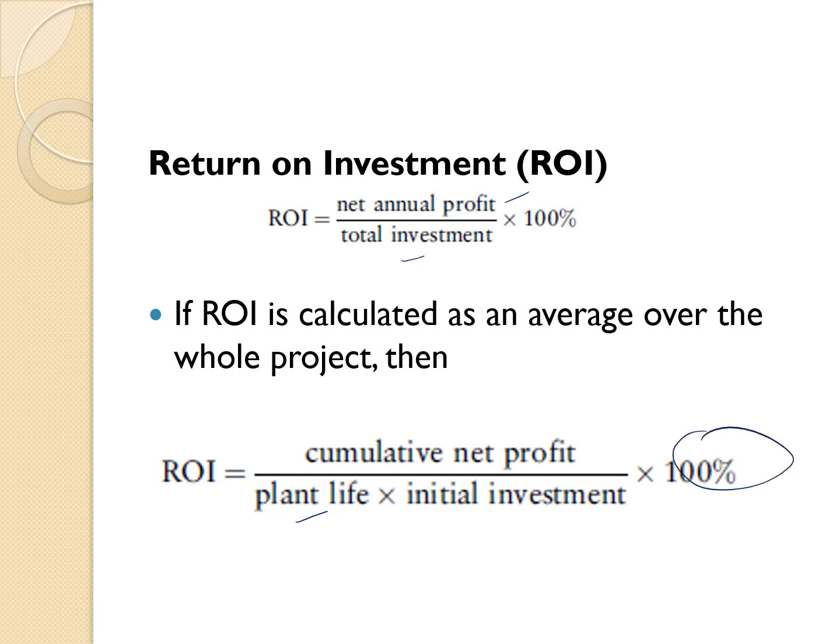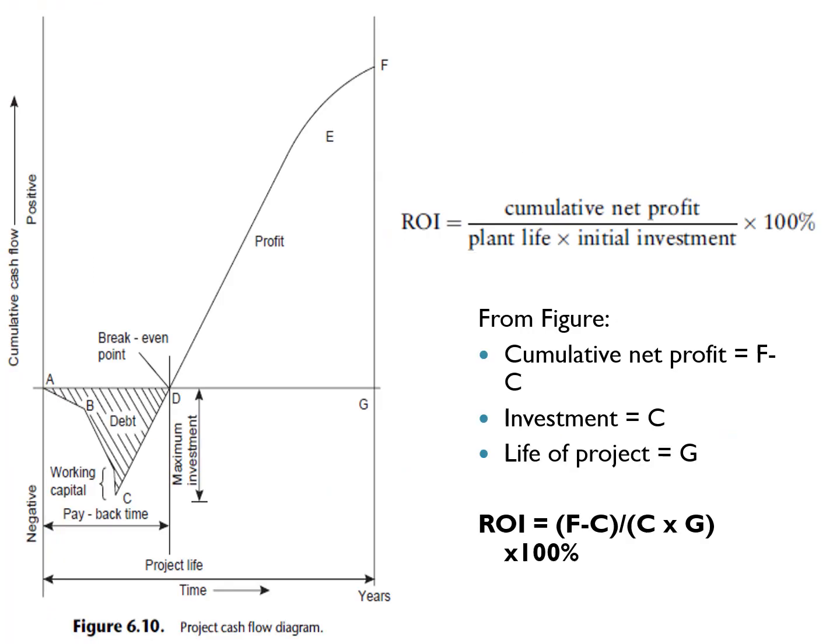Okay, this ROI can also be calculated based on the figure of the cash flow diagram. You can see here, from the figure, the cumulative net profit happens from C to F. So you obtain the value of the cumulative cash flow at point F and at point C, and then you subtract C from F to get the cumulative net profit, and then you divide it by the planned life.